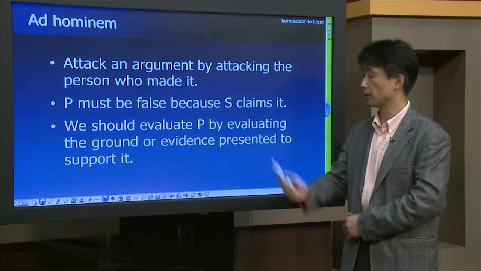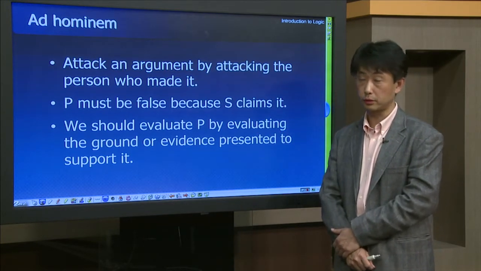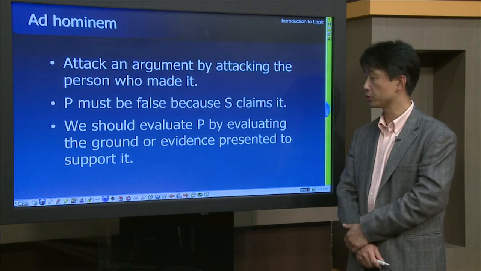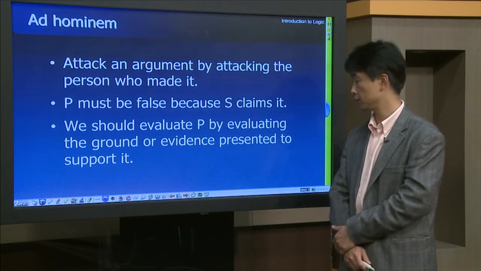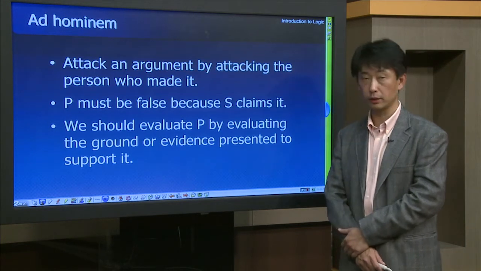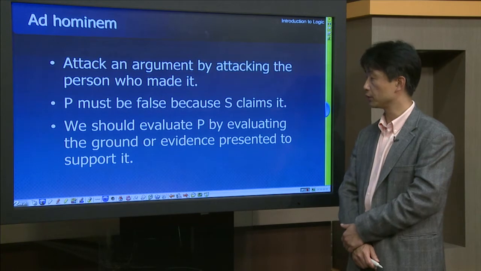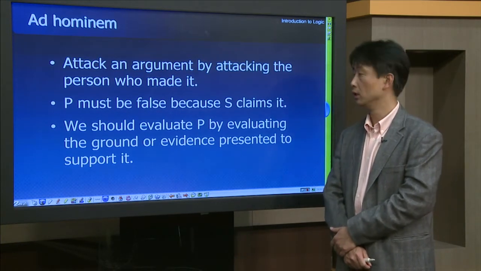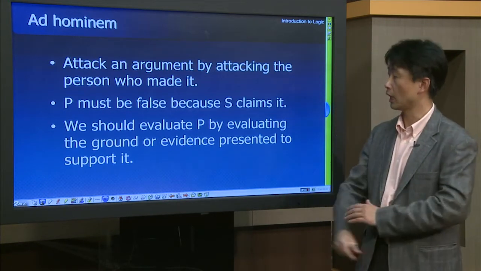Maybe S, the person, may have a dubious record, but we should evaluate a person's claim by evaluating the grounds or evidence presented to support it. Even though S may have a dubious record, that in itself should not be the ground to devalue an argument.